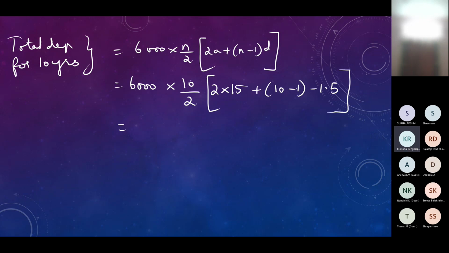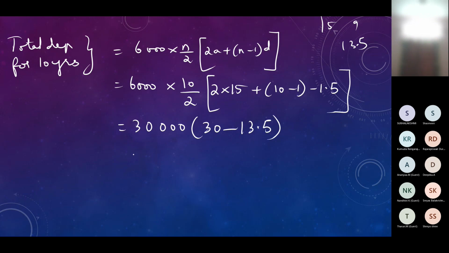So this is 5 and 6, 30, bracket 30, and this is 9, minus, and 15 nines is 135. And there's a decimal point. Children, am I right? 13.5? Yes, ma'am. Yeah, thank you. 3, 4 into, how much will this be? 16.5, right?